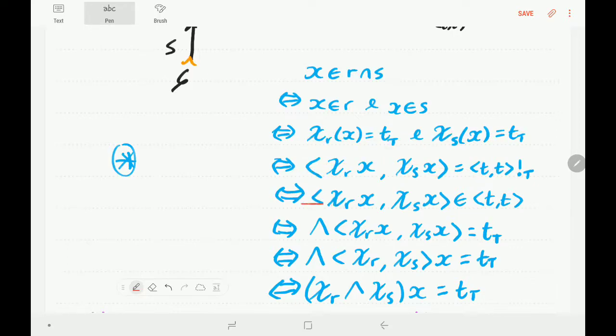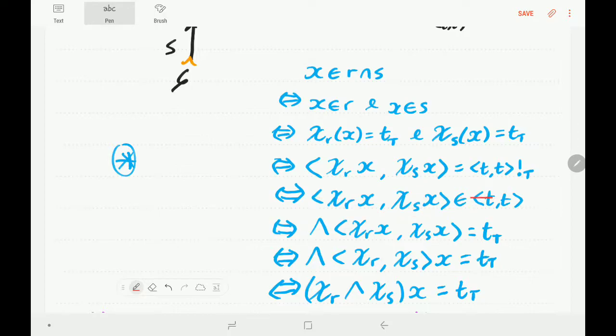And that's going to be true if and only if chi of R X, comma chi of S X is in T, comma T, because exclamation mark T is the only possible conduit.